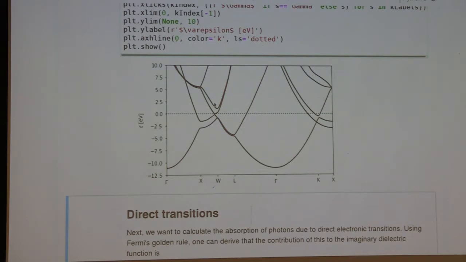So what we're going to do now is calculate the probability of that. And we're going to calculate the probability of doing such a transition, and we are going to calculate the probable energy distribution of electrons and holes you get after you do this excitation, like the results I showed you in the slides yesterday.